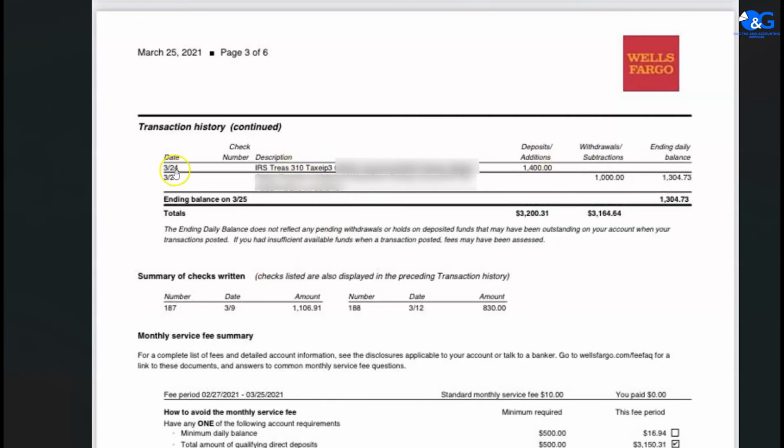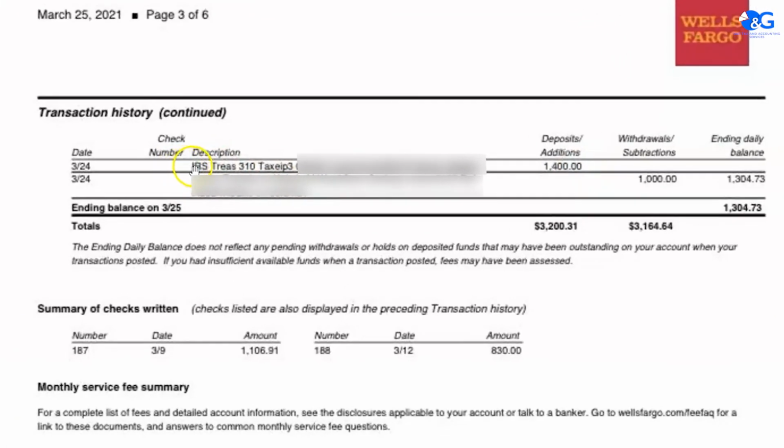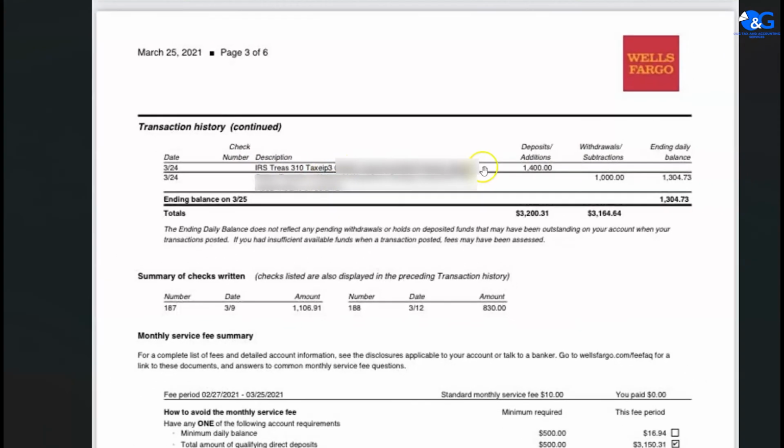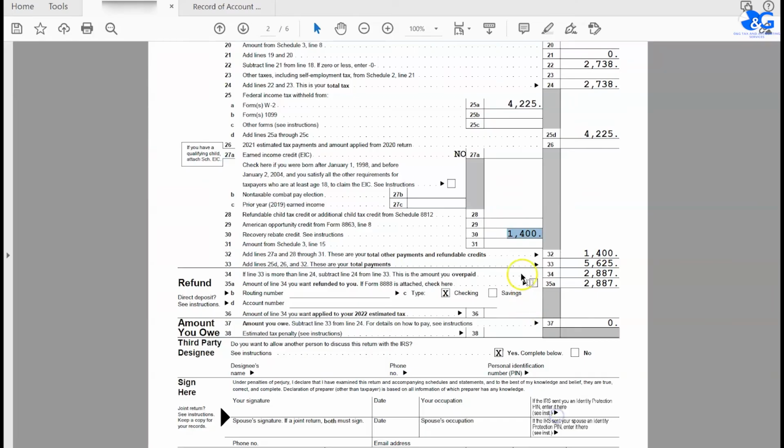On March 24, 2021, it showed that they received the $1,400. And as you can see here, it says IRS Treasury 310, tax EIP 3. So this taxpayer actually got it, but stuff happened. People forget stuff. People are busy, and so these things happen. So in this case, yes, the IRS is correct. Taxpayer did receive it back in 2021 and should not have claimed it on their tax return on line 30.